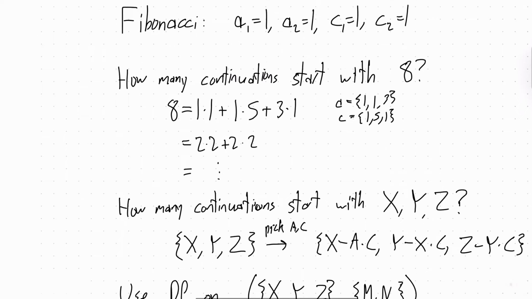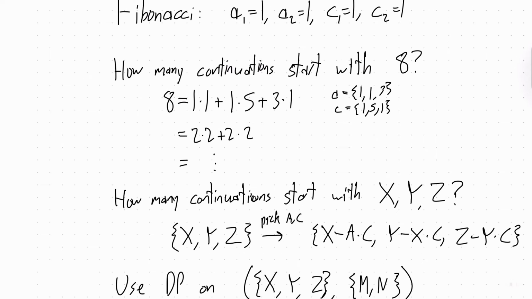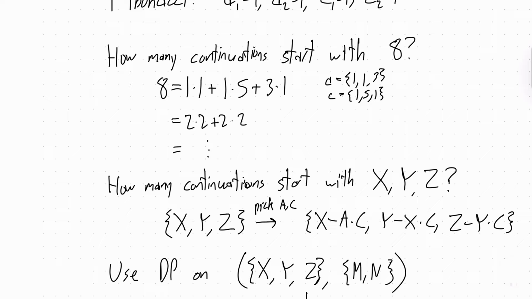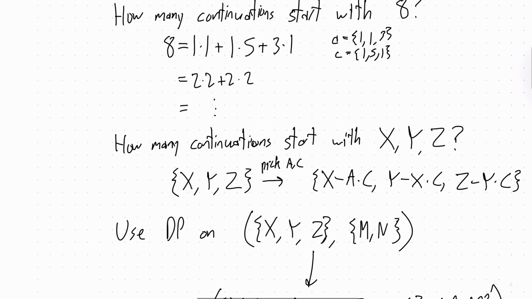So now you have to ask a question, for instance, how many continuations start with X, Y, Z? And so the problem is now when you pick an A and C in your dynamic programming approach, you're subtracting off A times C from X, but you're also subtracting off X times C and Y times C from Y and Z. And so basically earlier elements of the sequence start to affect the later elements of the sequence.